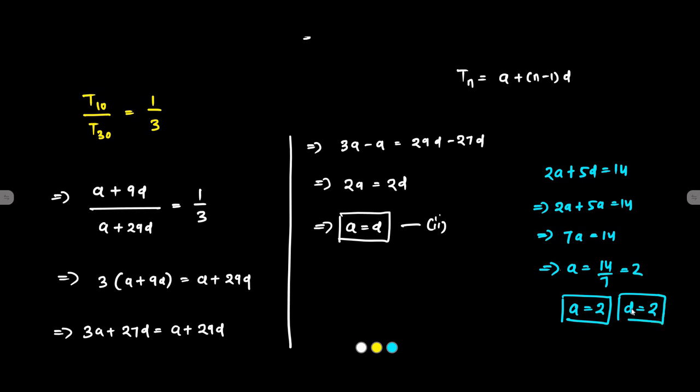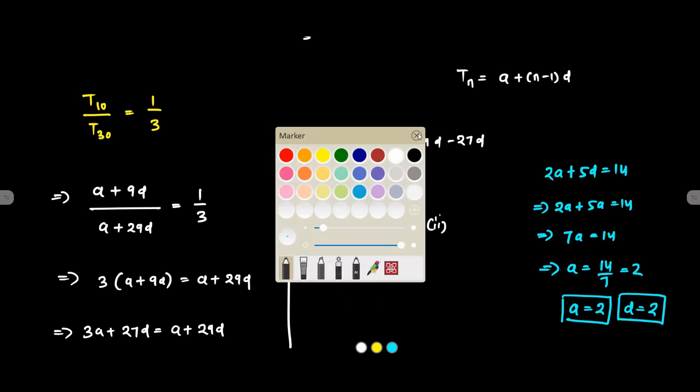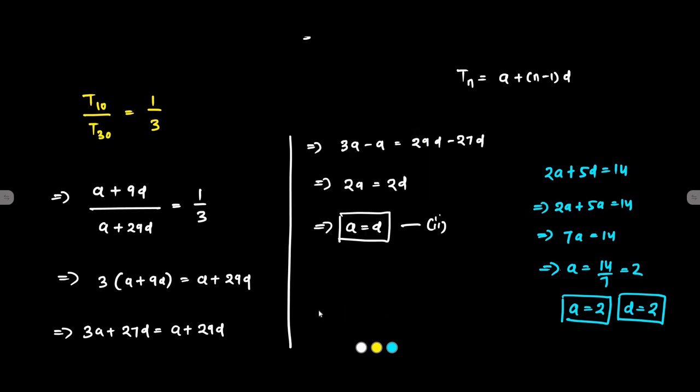So we have the first term and the common difference. It is also asked to find the 13th term. Okay, so the 13th term, T13 is equal to a plus 12d, a plus 13 minus 1 d, a plus n minus 1 d formula.